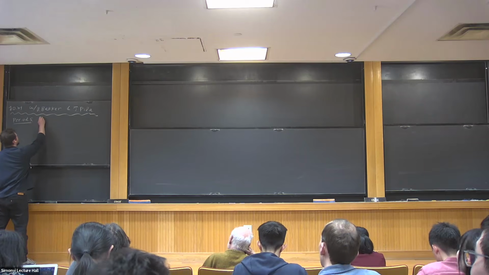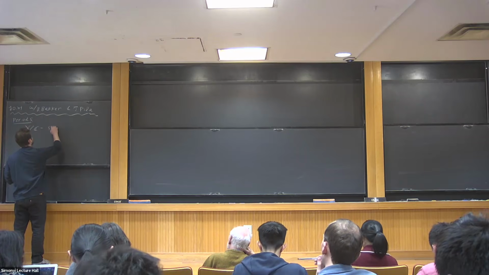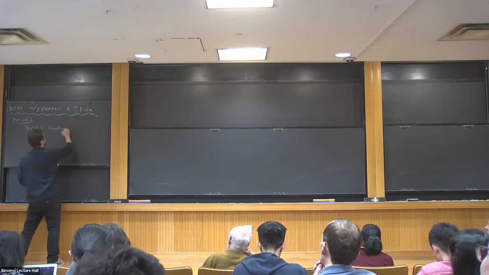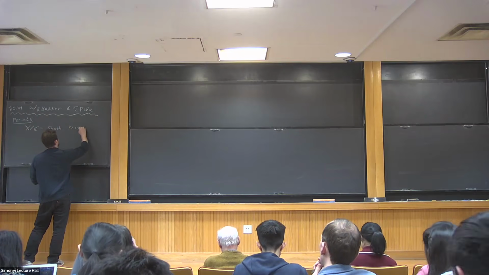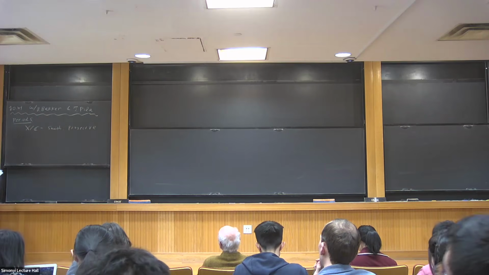We'll start with a variety X over C, which I'll keep simple for now: smooth and projective. How do we think about periods?